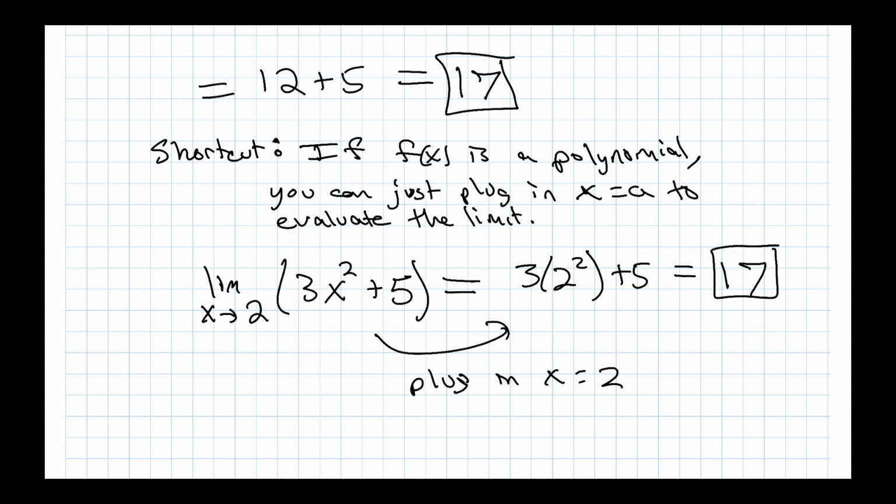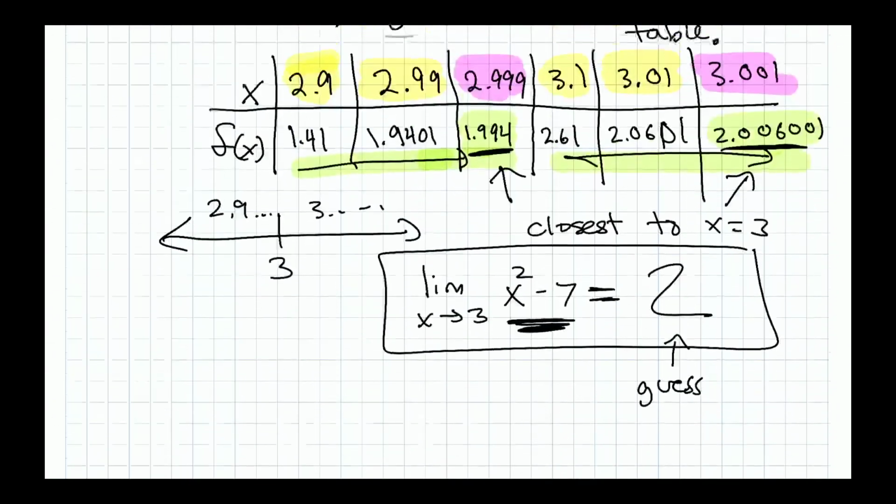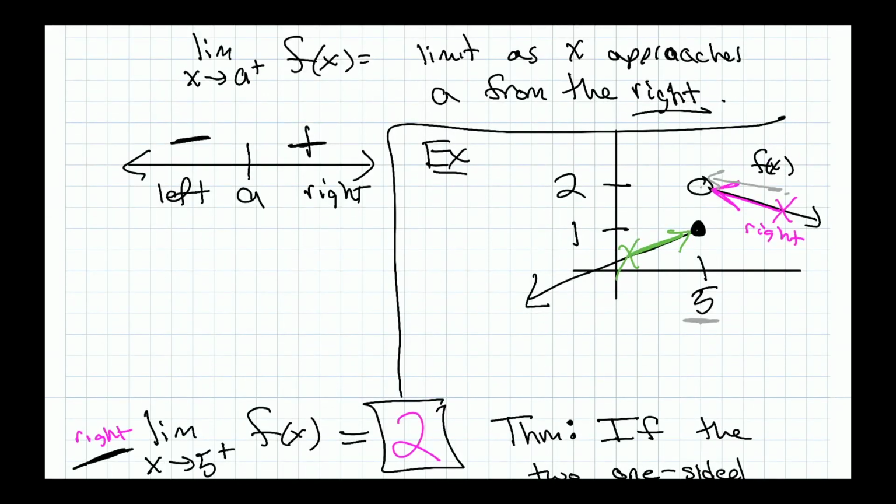It works out because polynomials don't have any weird stuff going on in their graphs. So think about when we were doing this based on graphs, right? Where does something not have a limit? A case like this one, where the left-hand side is doing one thing and the right-hand side is doing another thing, that's the case where the limit doesn't exist.